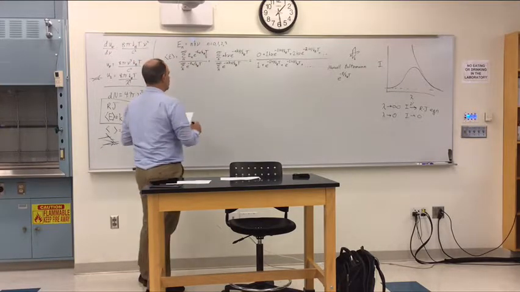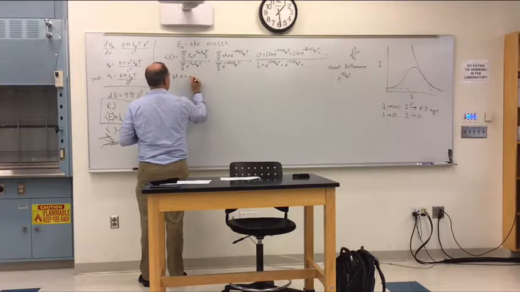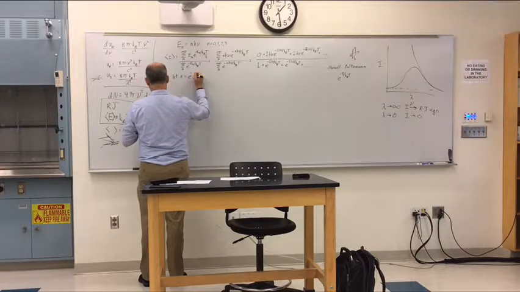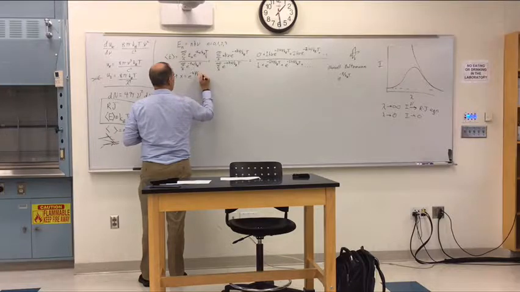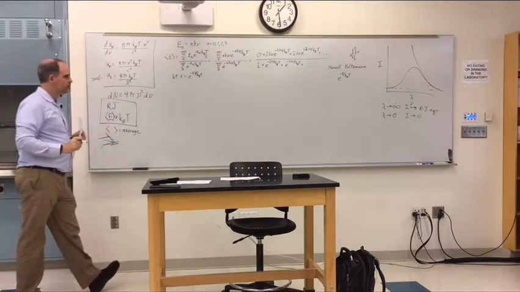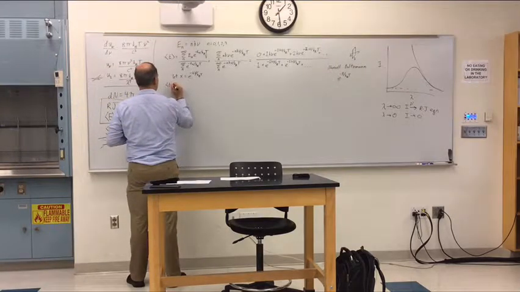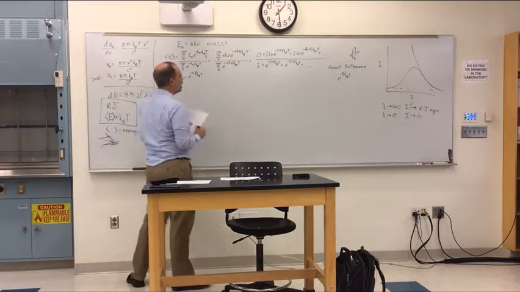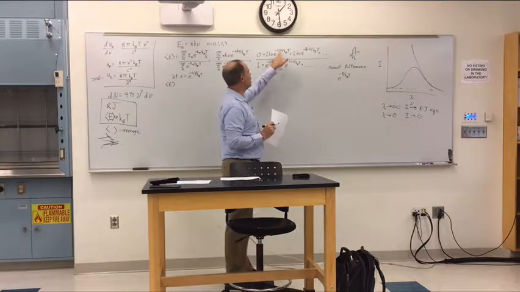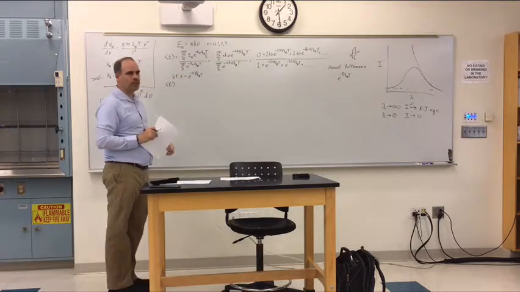We're going to let x equal e to the minus h nu over kBT. So wherever we see e to the minus h nu divided by kBT, we can just replace that with x.